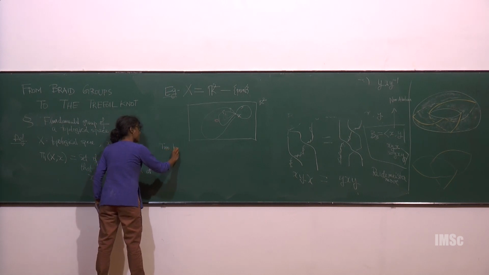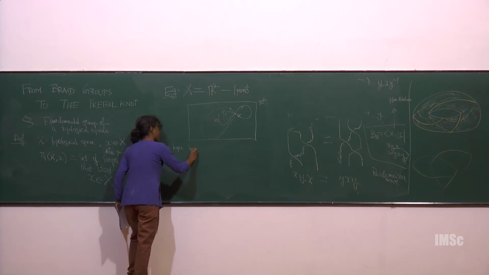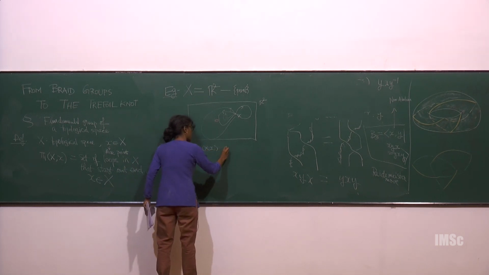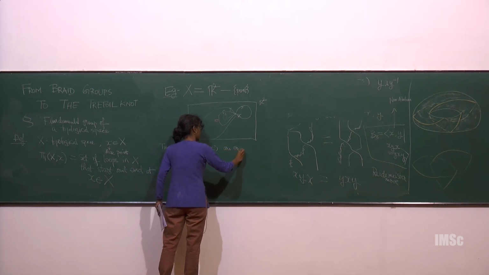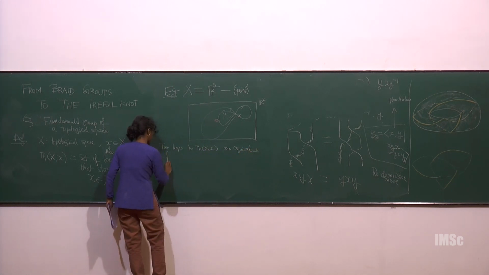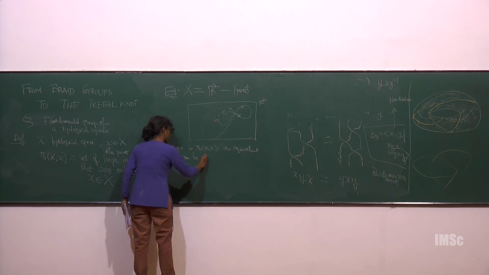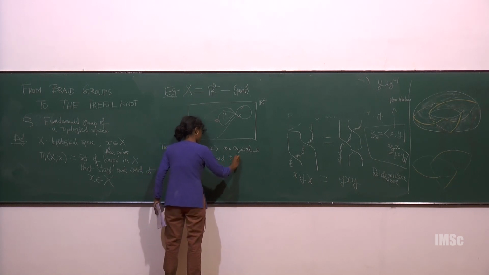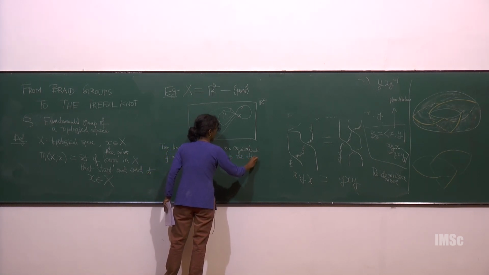Two loops in pi1 x comma x are equivalent if one can be deformed to the other without changing the endpoint.